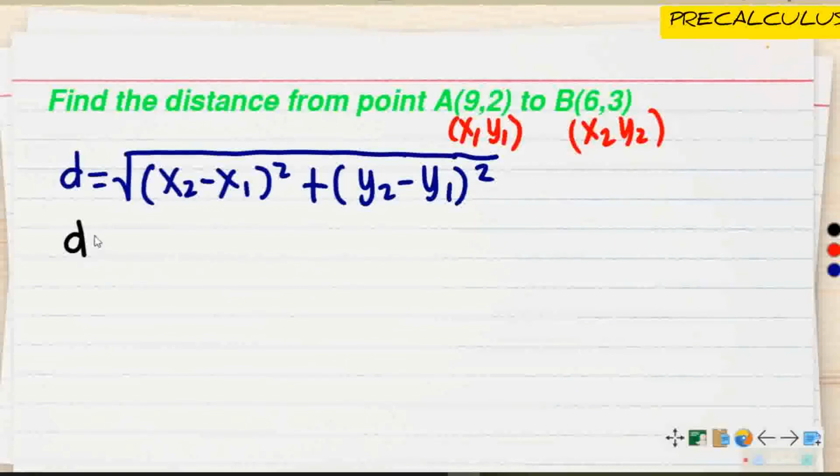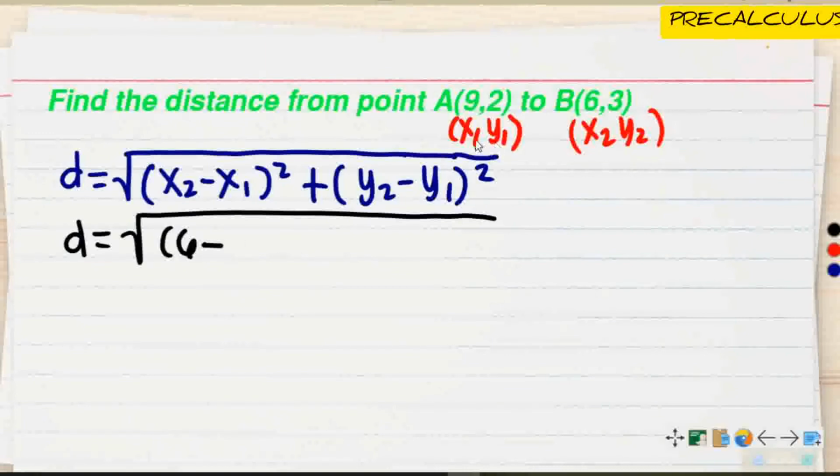So, d is equal to square root of x sub 2, which is 6, minus x sub 1, which is 9, squared, plus y sub 2, which is 3, minus y sub 1, which is 2.